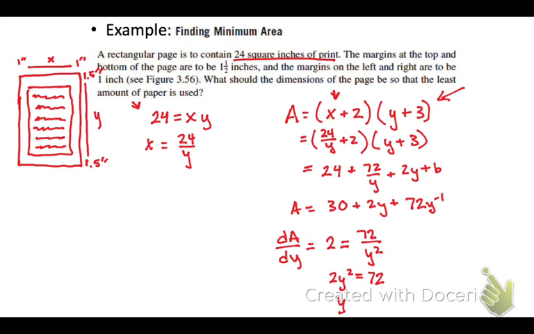So y squared equals 36. So y equals plus or minus 6, but it is really only positive 6.